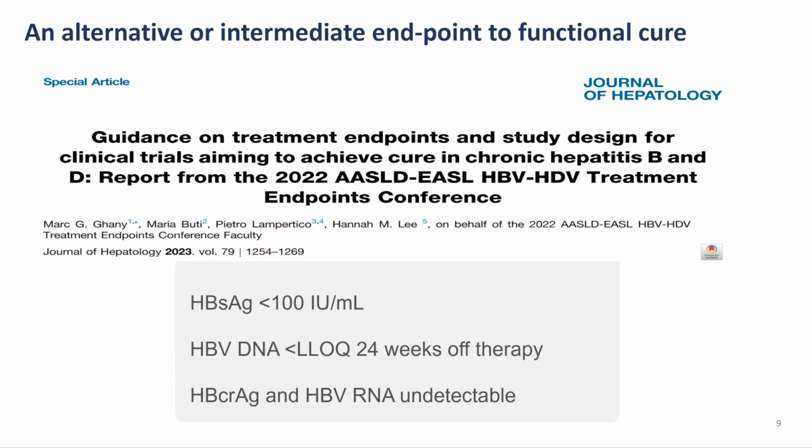Partial cure is defined by HBsAg levels below 100 with undetectable HBV DNA 24 weeks off treatment.